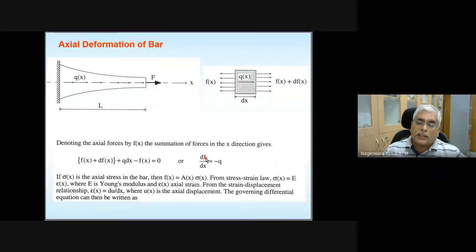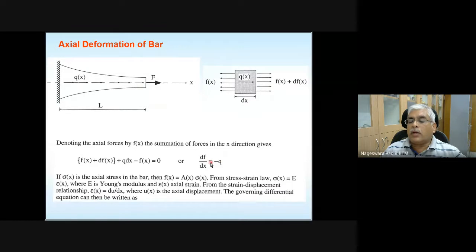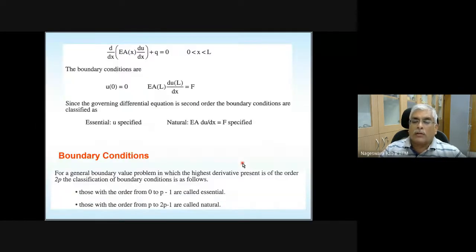So F is A times Young's modulus times the derivative of displacement with respect to x. So that is all what is substituted, and here minus q is there on this side. You can bring it to this side, then it becomes plus q, and it's going to be equal to 0 on this side. Okay, so finally you get this equation.